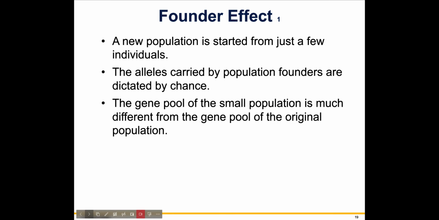But when we have that founding here in the United States, a group of people from Europe came with their genetic code that was different than the population we saw in Europe. They come to the United States, they found an Amish community, and now we see that there are certain genetic diseases that are more common just because that was the gene pool by random chance that founded this new population.